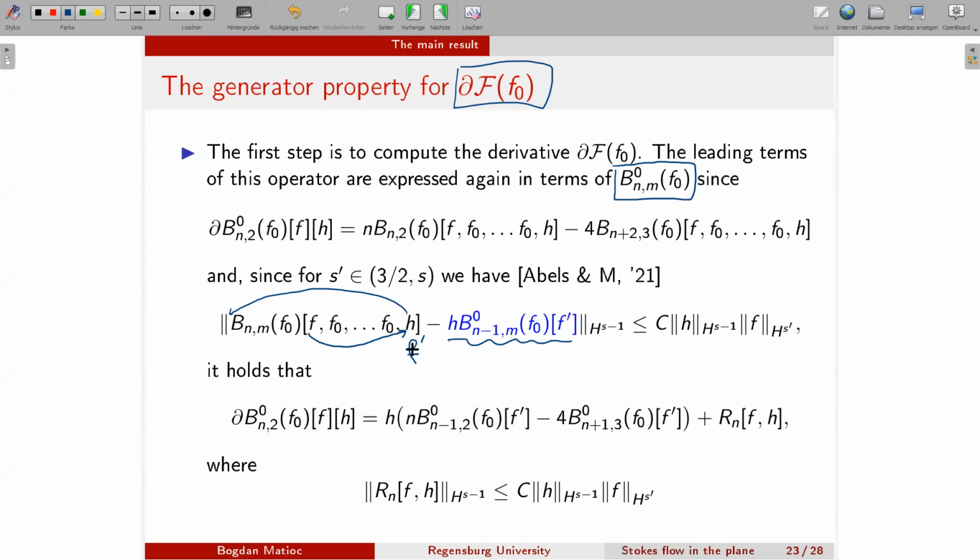And this is the leading order part with respect to small f of this operator, because its difference in H^(s-1) is less than a constant times the H^(s-1) norm of h, and the norm of f appears now in H^(s'), which is a smaller norm. s' is between 3/2 and s. So this is the leading order part of this operator. So at the end, the Fréchet derivative of a B_{n,m,0} operator is again a combination of B_{n,m,0} operators plus some small rest, a low order rest.